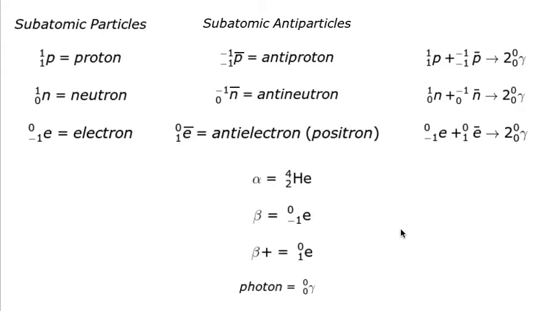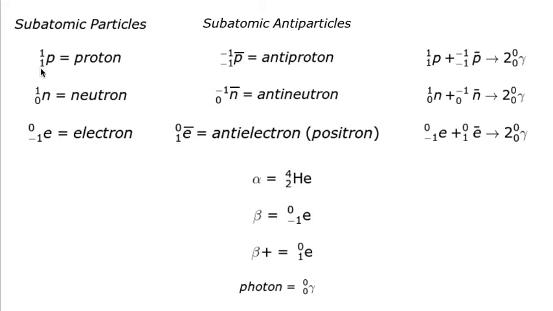In this video, we will explore how to write nuclear equations. As we have reviewed already in class, the subatomic particles that we will focus on in chemistry are the proton, neutron, and electron. The proton has an atomic number of 1.